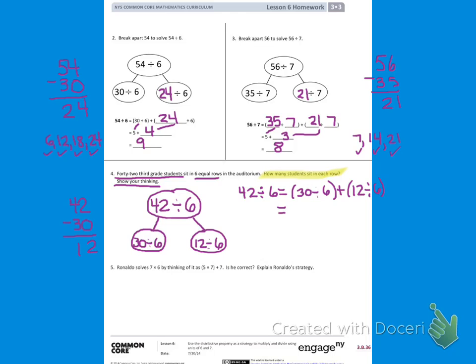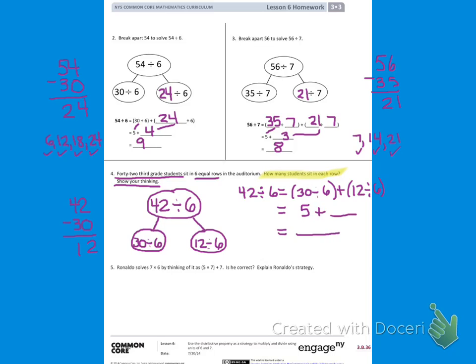We know already that 30 divided by 6 is 5 because we pulled out the easy fives fact. And now we'll add the amount that 12 divided by 6 is right here. Then you'll add the two numbers together to get the final answer.